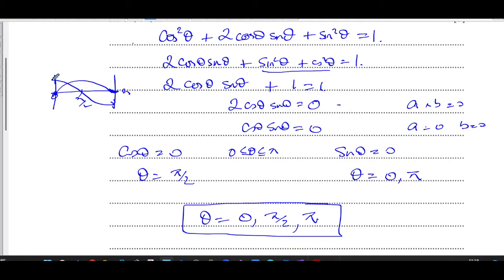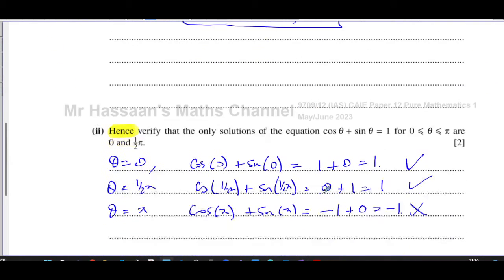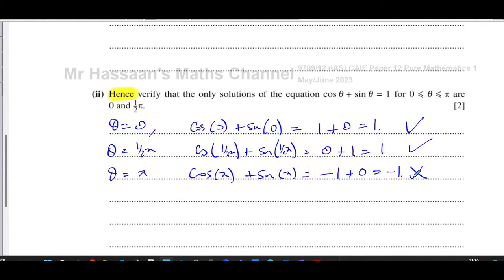Plus 1 is when you have the angles 0 and π/2. The value of sin θ + cos θ will be 1 there, but the value of sin θ + cos θ at π will be minus 1. So that's why π won't give us the correct answer.